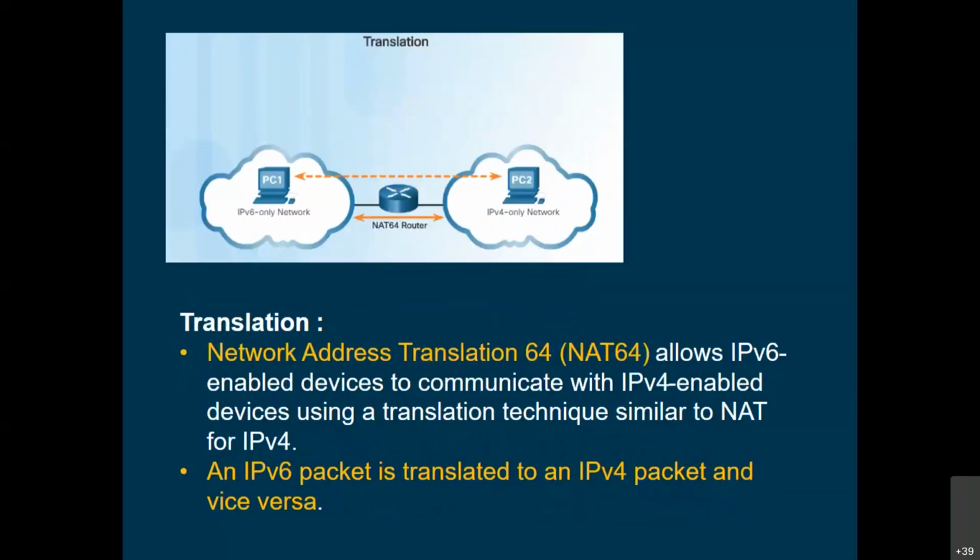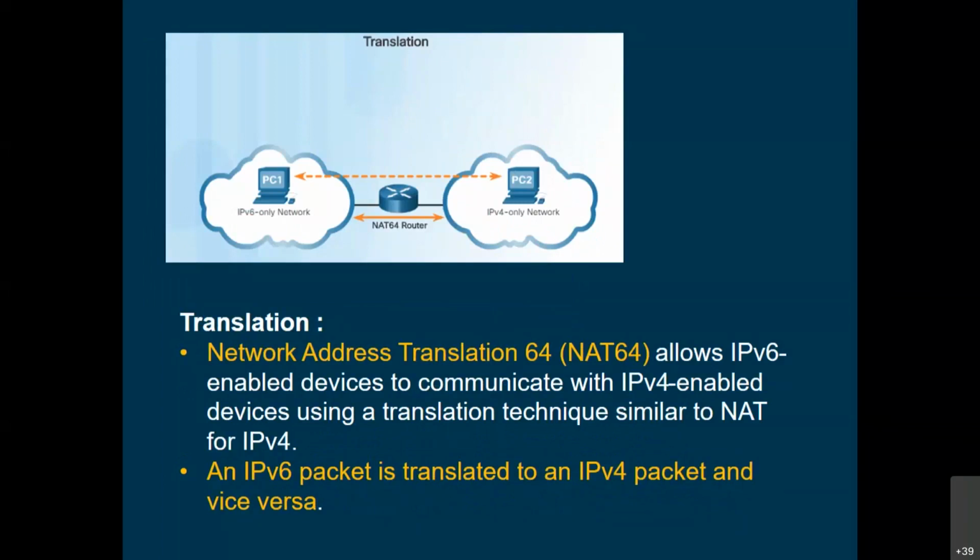Another way is to use translation, very similar to network address translation that we have learned in network communication. You have a private address, and then it is translated into a public address, so you don't need a lot of public addresses.